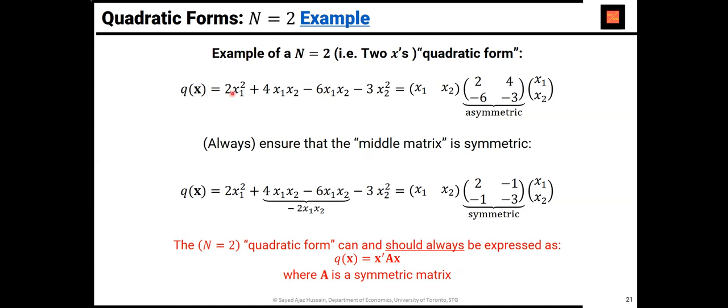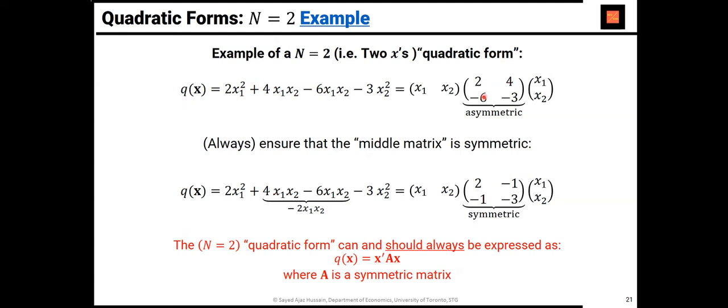You should be able to take this line of algebra right here and write it in vector matrix vector form like this. I urge you to convince yourself that this thing will give you that thing. And if you take a close look at this, this is not a symmetric matrix. In fact, it's asymmetric.